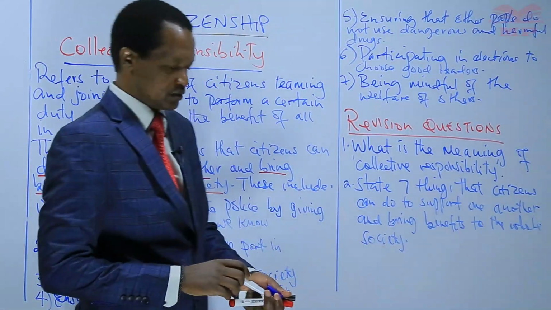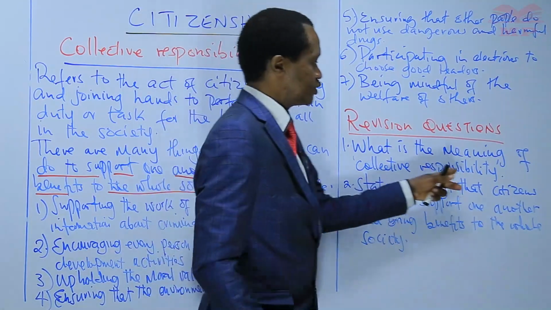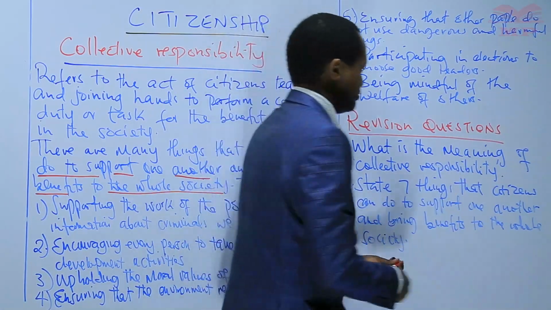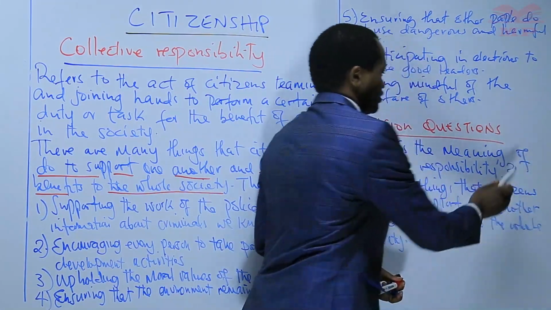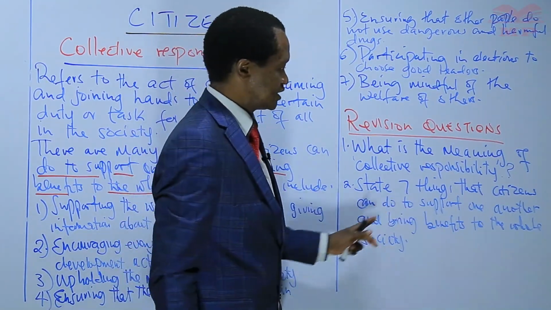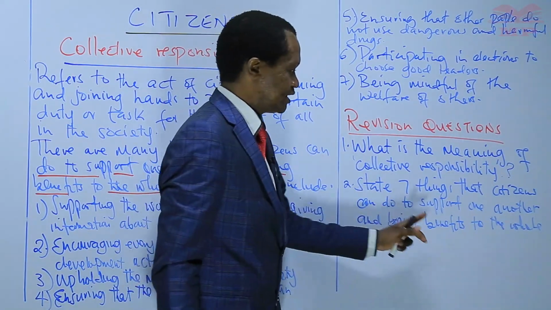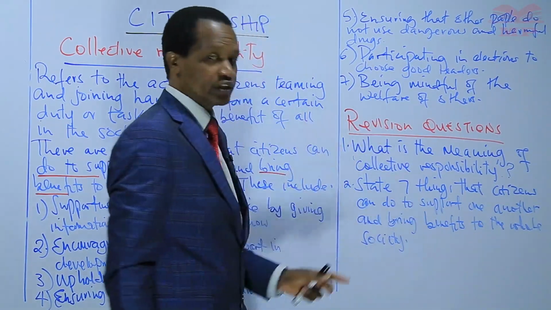Two questions. What is the meaning of collective responsibility? Question 2, state 7 things that citizens can do to support one another and bring benefits to the whole society.